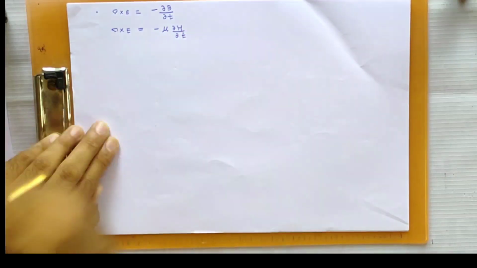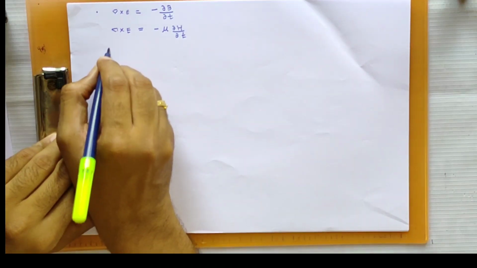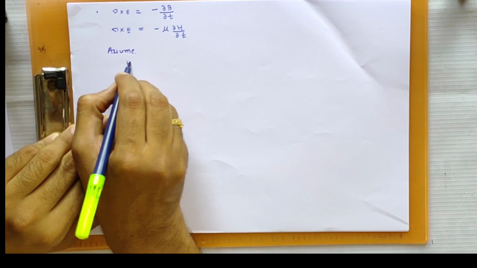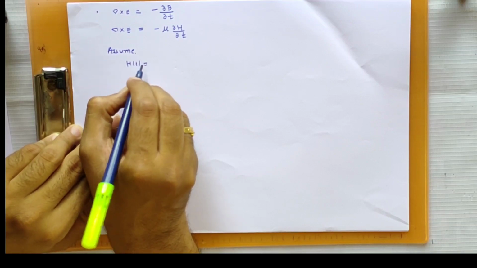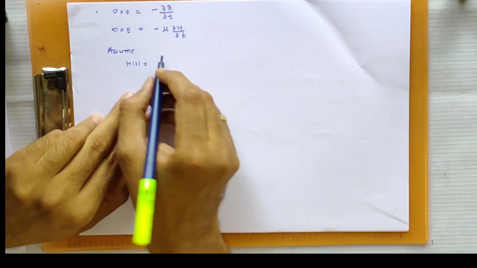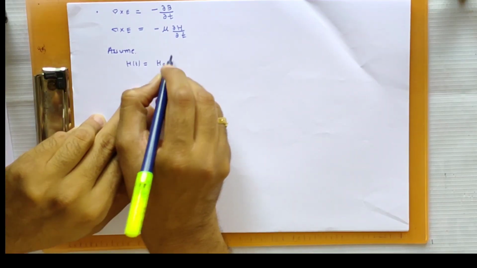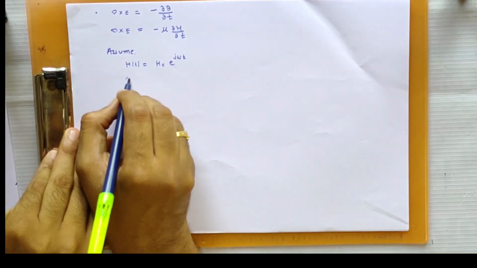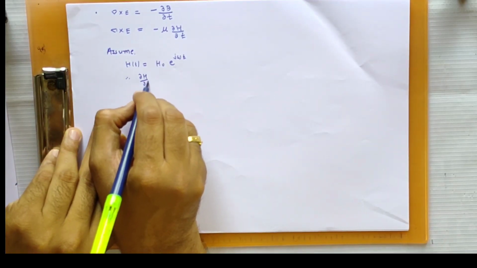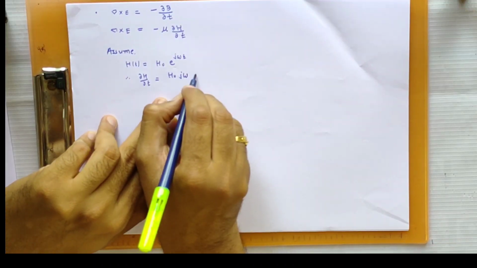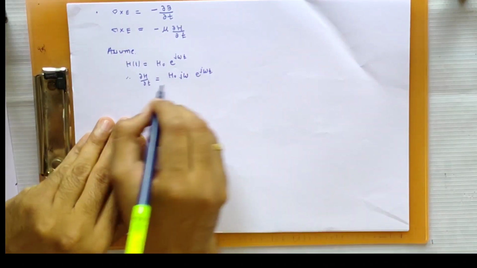In the last lecture we assumed that the electromagnetic field is a function of space and time, so H of t is equal to H0 e raised to j omega t. If I take the partial derivative, del H by del t is equal to H0 j omega e raised to j omega t.